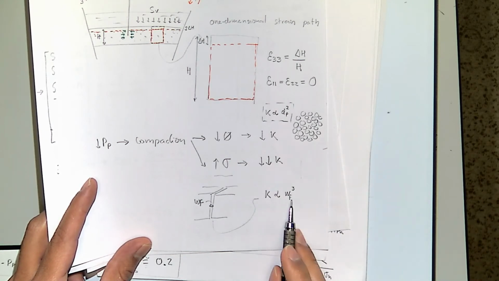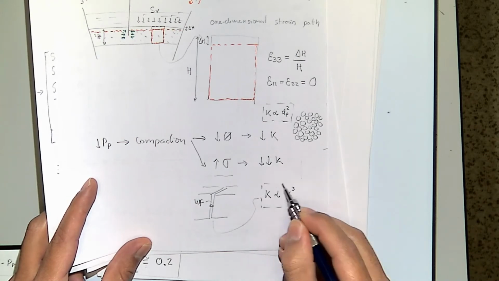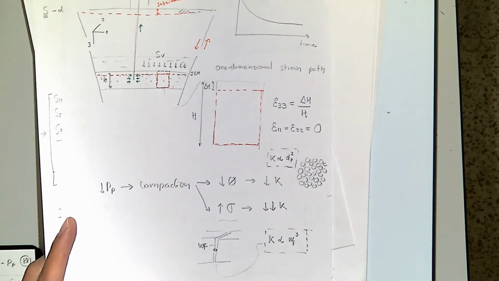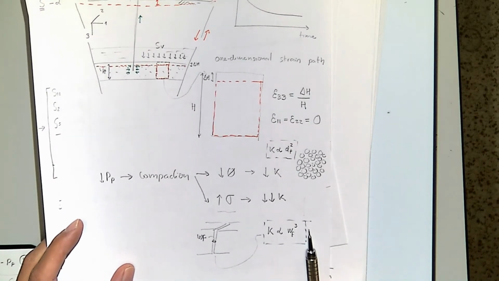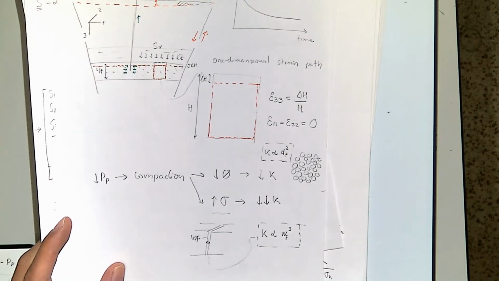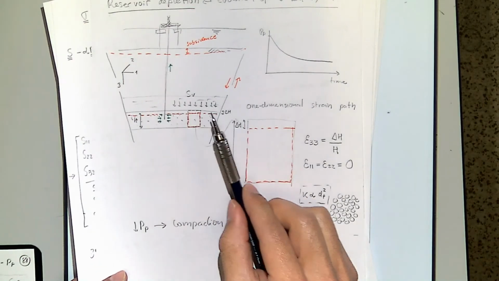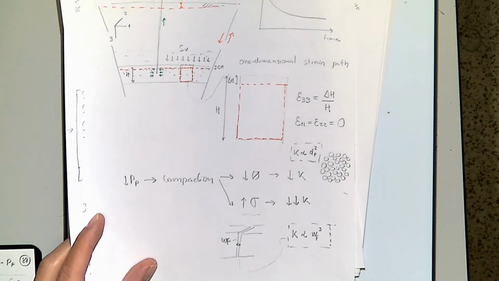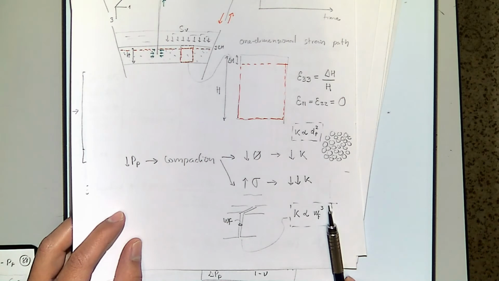So if your fracture width changes a little bit, your permeability is going to change a lot. And basically this is what we want to calculate with depletion. There are several effects of depletion: subsidence, sometimes fault reactivation, but many times one of the biggest problems is the decrease of permeability.